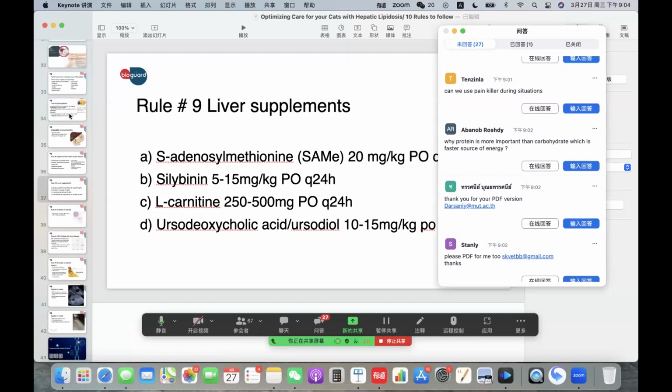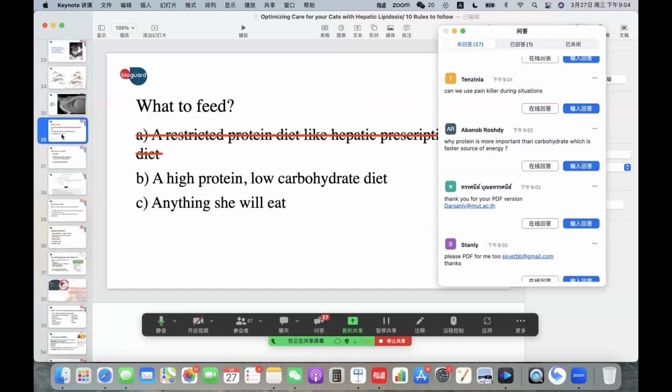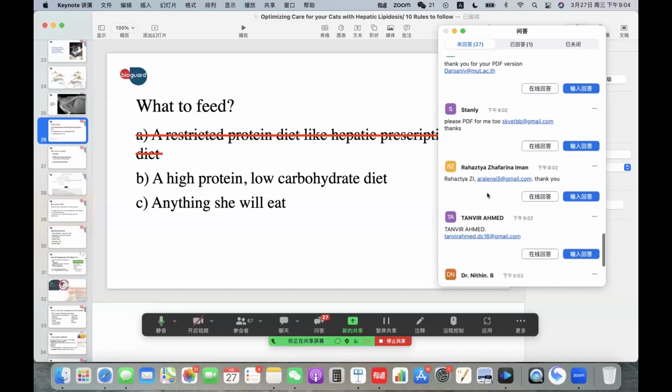Also, the liver itself needs energy to metabolize the fat tissue in the liver. The energy resource is mainly from protein, not from carbohydrate. So we need to give enough protein to these animals, to help the liver metabolism recover better and remove the fat tissue in the liver.